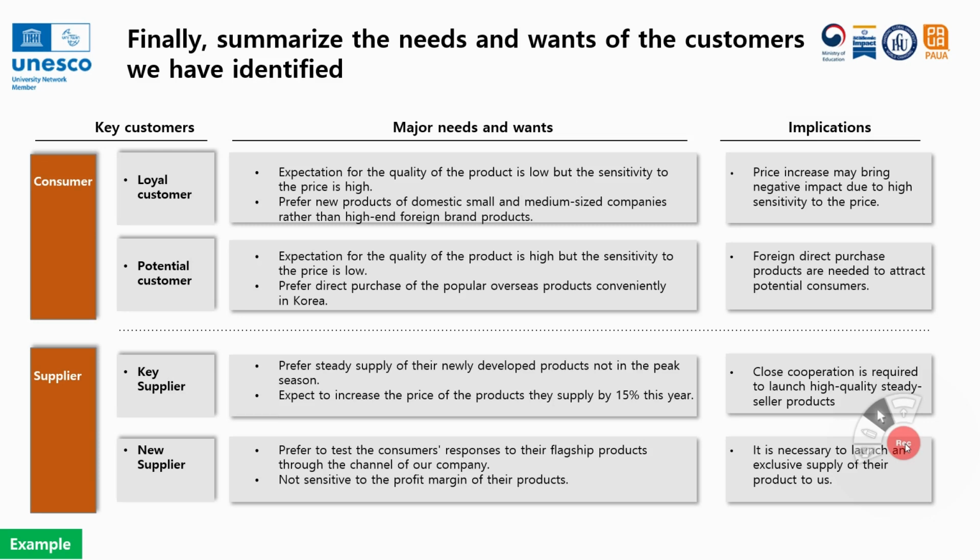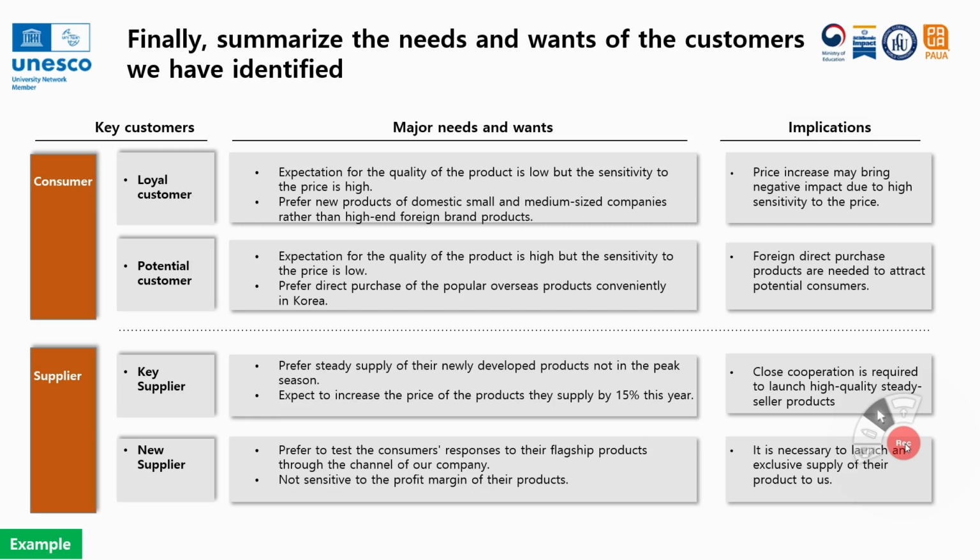Okay, in case of this example, the suppliers are also our main customers we have to think about. In case of the key supplier, they prefer steady supply of their newly developed products, not in the peak season.